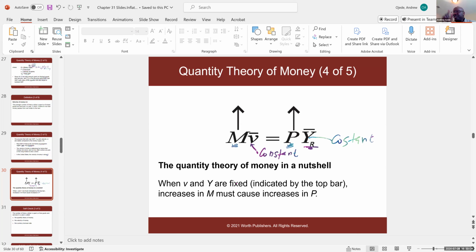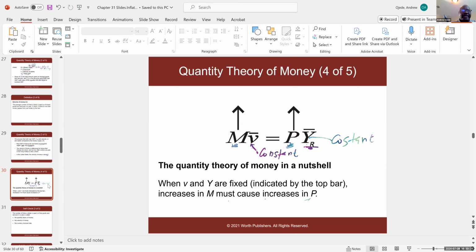That's the definition of inflation: too much money chasing too few goods. So when V and Y are fixed, indicated by the top bar, an increase in M must cause an increase in P in the same proportion. If the Federal Reserve doubles the money supply, the price level is going to double, because we are holding V and Y constant.